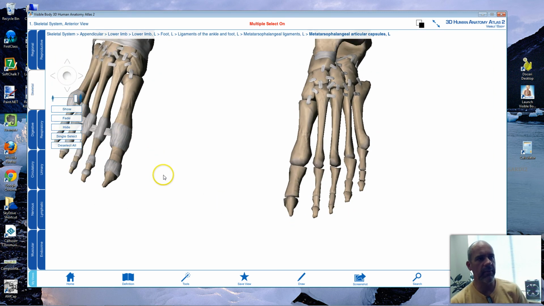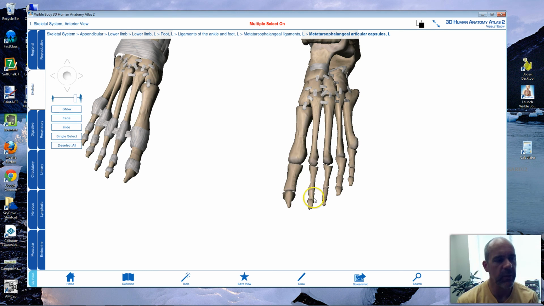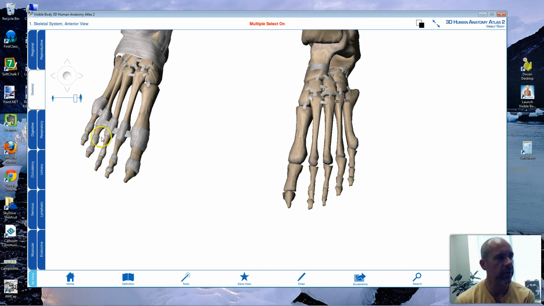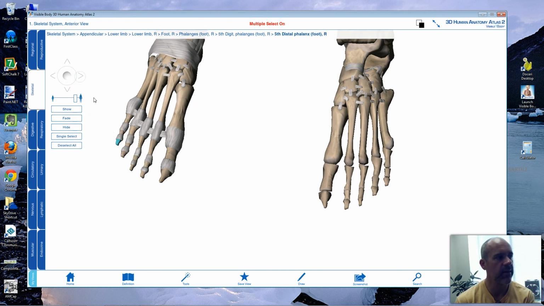All right, so on the lab test, if we were looking at this and that bone was highlighted, this is your big toe, so that's number 1, 2, 3, and 4. This is a left foot, so this is going to be the left fourth middle phalanx. Over here, this would be the 1, 2, 3, 4, fifth phalanx, or that's the fifth toe.